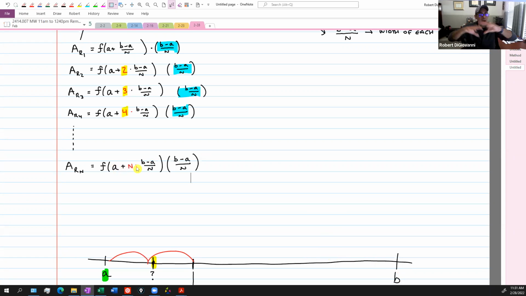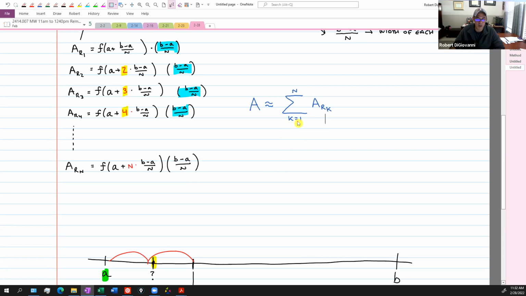So if I want to find the approximate area, the area will be approximately equal to the sum with k equals 1 to n of all of the areas of all those rectangles, R sub k. Look at that notation I just wrote.